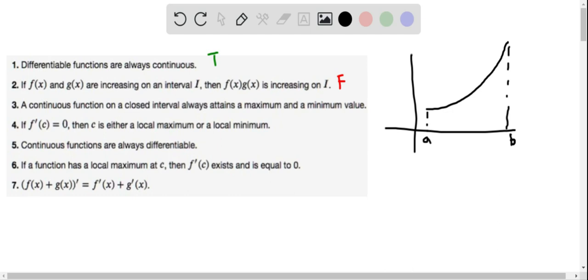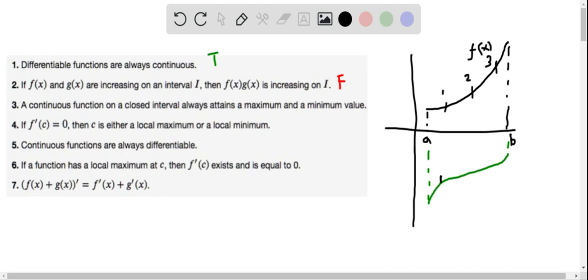This is f of x. And on the same graph, I'm going to put g of x, which is also increasing. But let's consider like this. Let's say it is increasing like this under the same interval a comma b. Let's put some values here. So here, let's say this is 1, and this is 2, and this is 3.